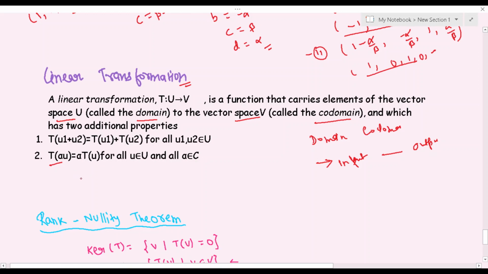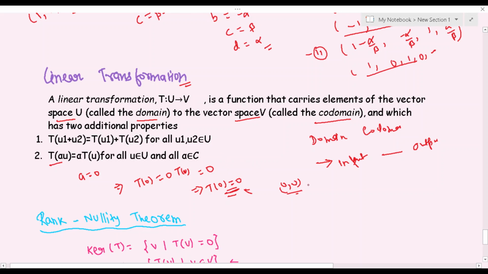So what follows from here is, if you put a is equal to 0, this implies T of 0 is equal to 0 into T of u, which is equal to 0, which implies T of 0 is equal to 0. So one of the most important cases, 0, 0, this must satisfy the case of linear transformation here. This is an integral part.